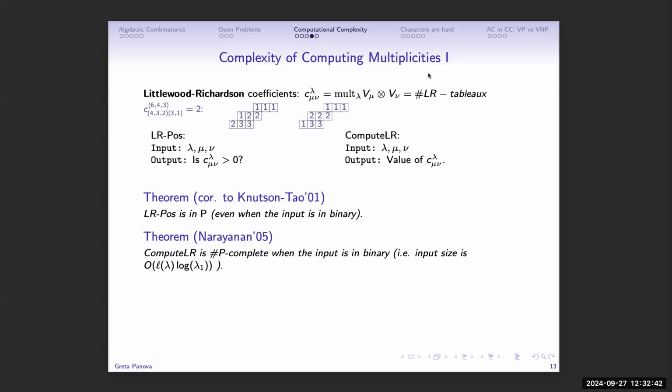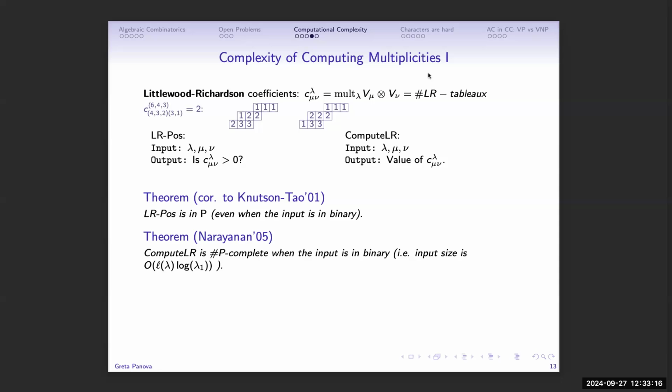So what about computing the value? And here is a tricky part. If you actually input your partitions in binary, in the sense that lambda1 is encoded in binary, lambda2 is encoded in binary, and so on, so your input size is this big: log lambda1 bits is going to be taken to encode the first part, and then, let's say, an upper bound on the length of the partition.